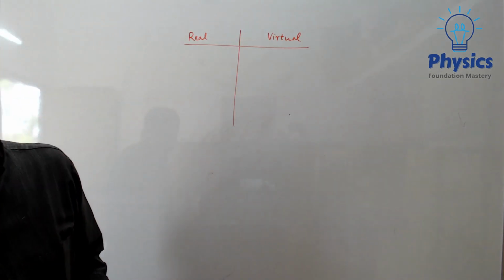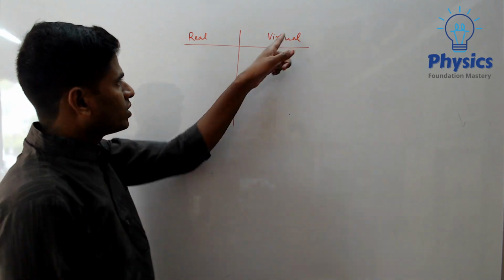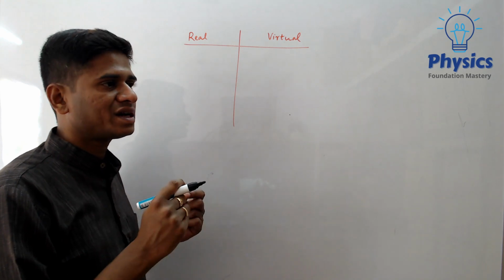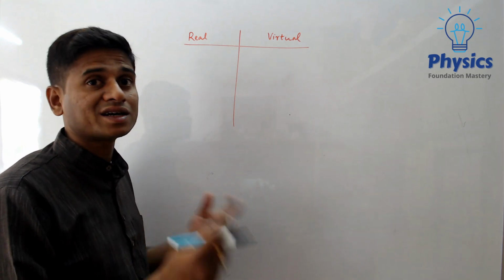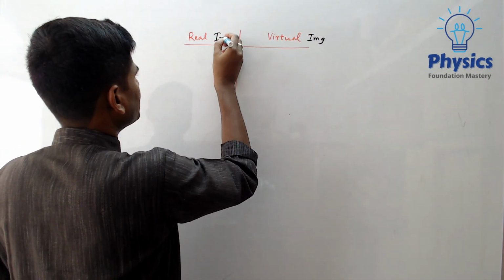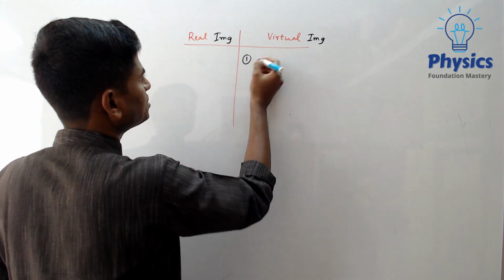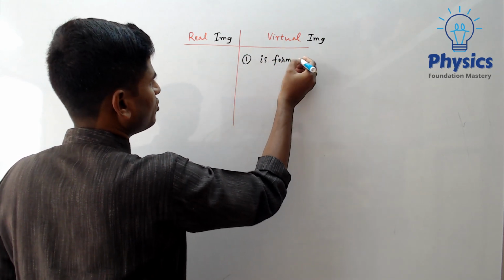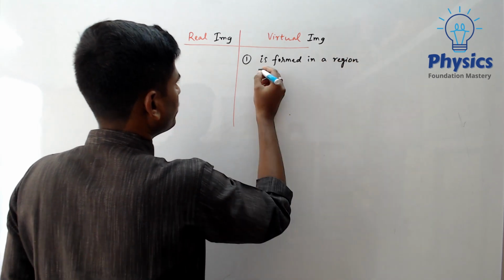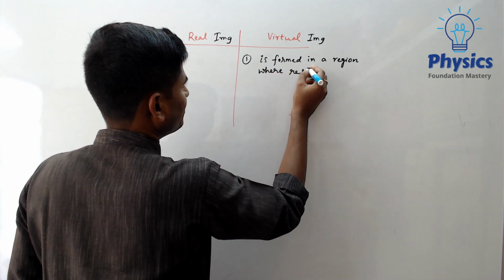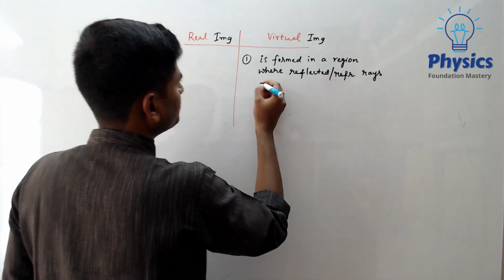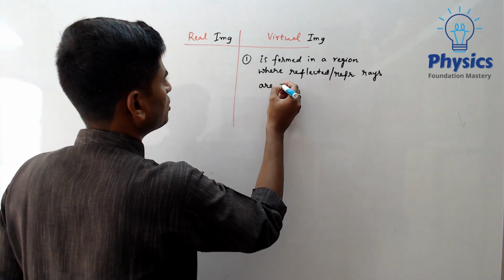Real image and virtual image, if I have to summarize, a virtual image is formed in an area or region where reflected or refracted rays are not present at all.